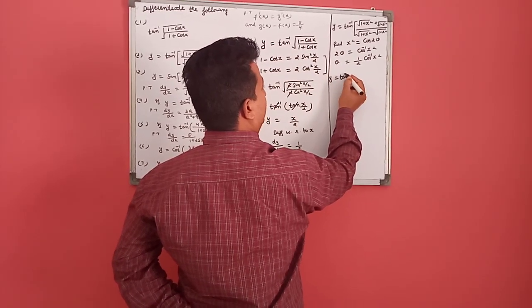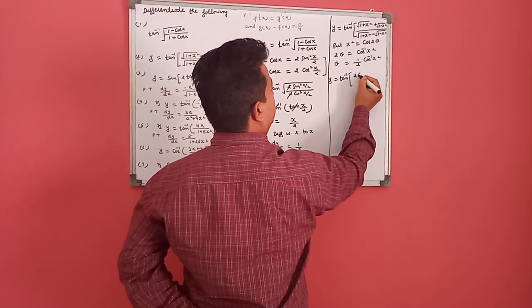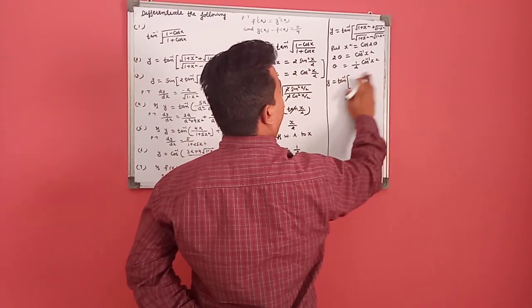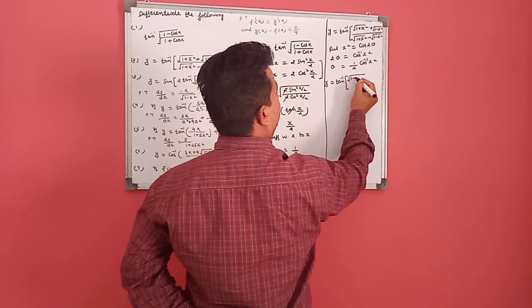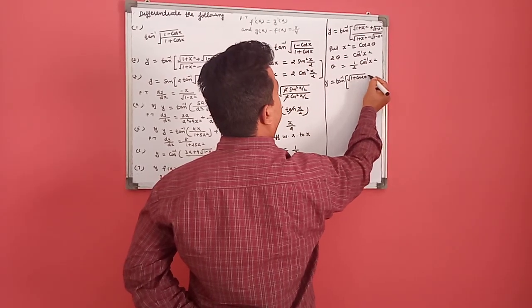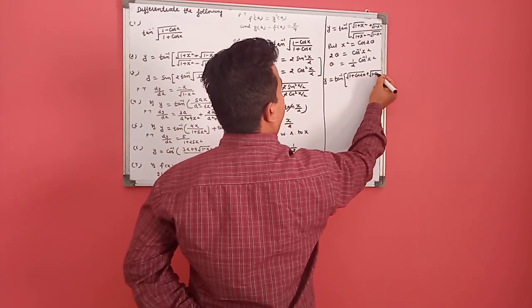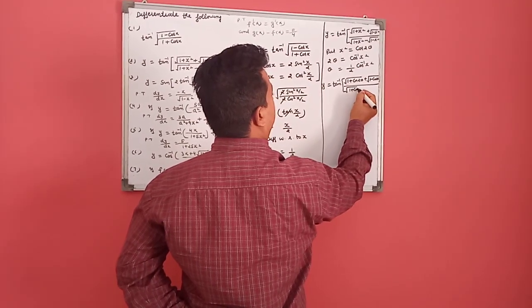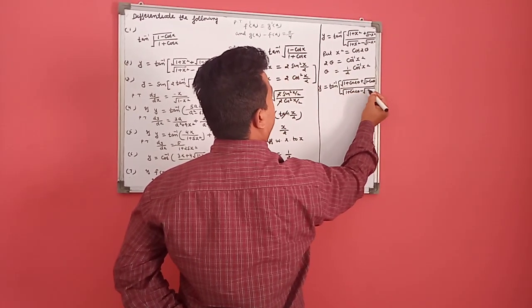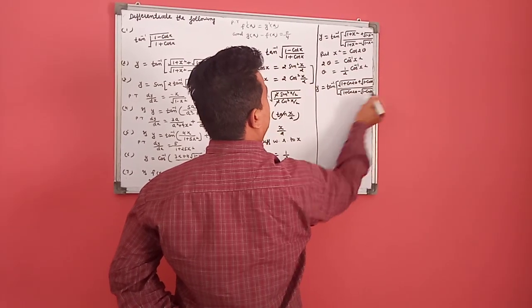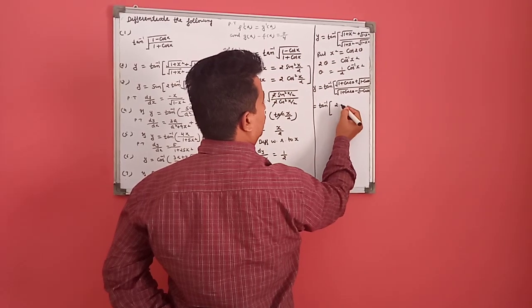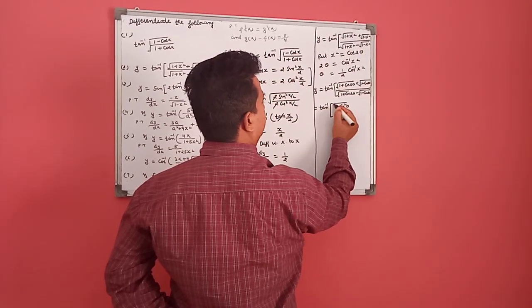When we put the value, that is 1 plus cos 2 theta, 1 minus cos 2 theta upon 1 plus cos 2 theta minus 1 minus cos 2 theta. This is the formula of 2 cos square theta.